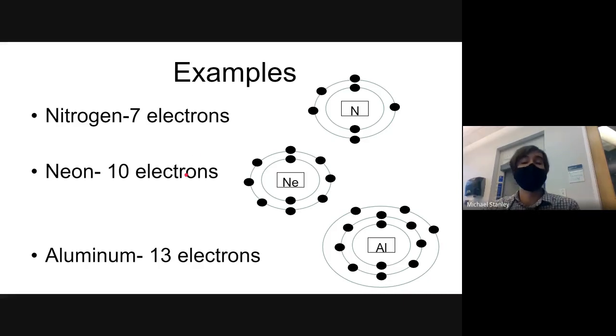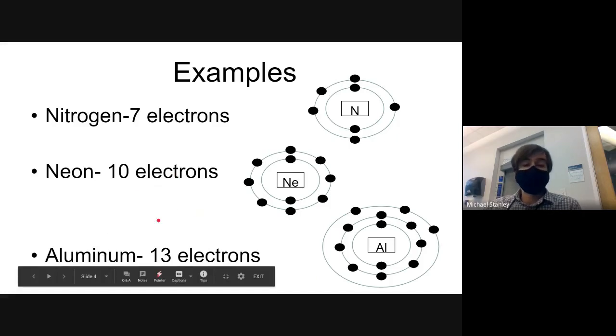Neon is an example that we looked at already, with a full first shell of 2 and second shell of 8 to give us 10 electrons total. And then aluminum is also another good example. Aluminum has 13 electrons. So we start figuring it out by filling in the first shell, 1, 2. But we still have 11 electrons left over. We then go to the second shell and start filling it in. 1, 2, 3, 4, 5, 6, 7, 8.